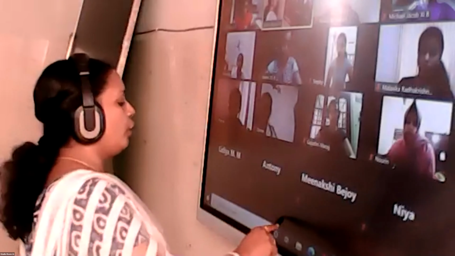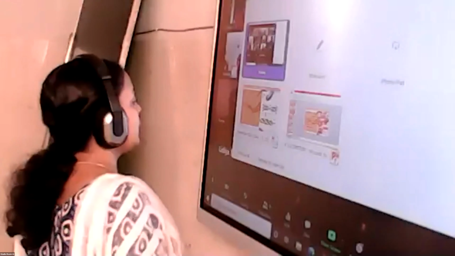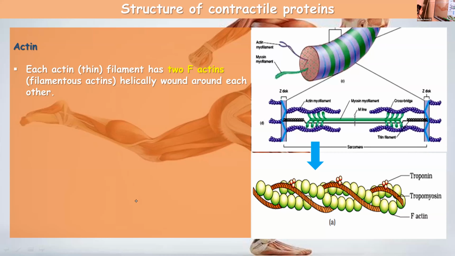Okay, so we'll continue with the structure of proteins. Two types of proteins are there, as I told you, actin and myosin. Starting with actin. Already we have learned actin is the thinnest one and myosin is the thick filament. Each actin filament has got two F actins.